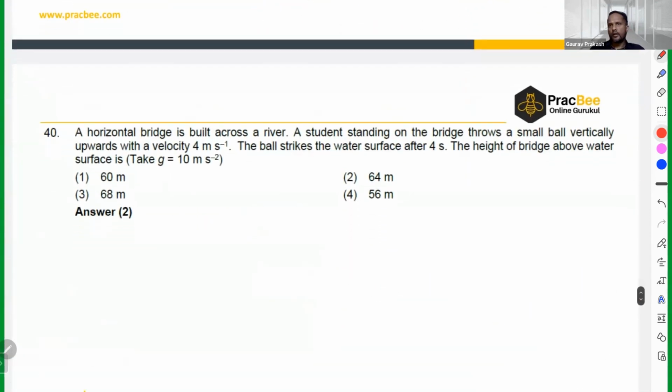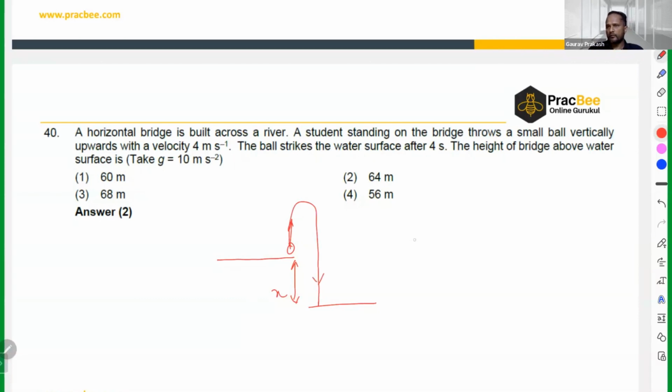Then the next question: a horizontal bridge is built across a river, a student standing on it. So let's say this is a bridge and this is the river here and the distance is x. You throw a ball in the upward direction, it moves up and it reaches down. So the net displacement is x.